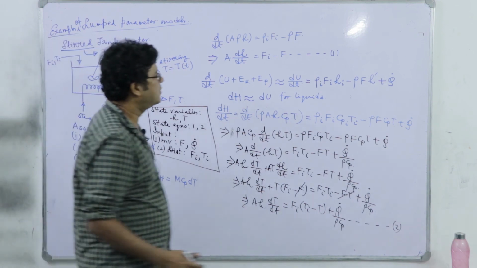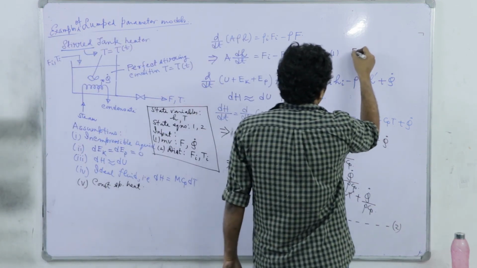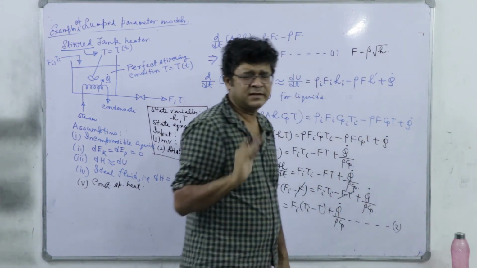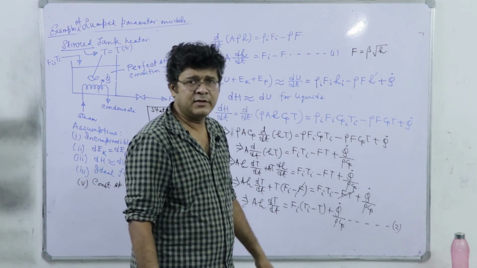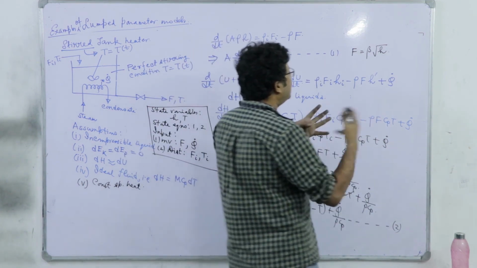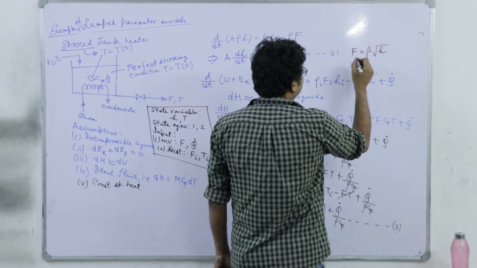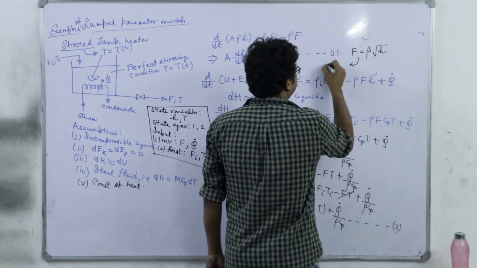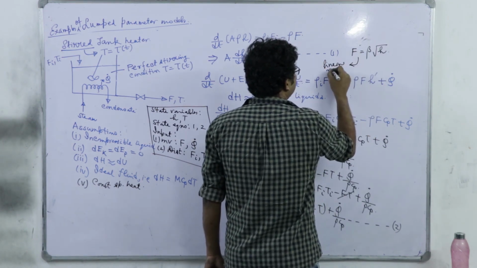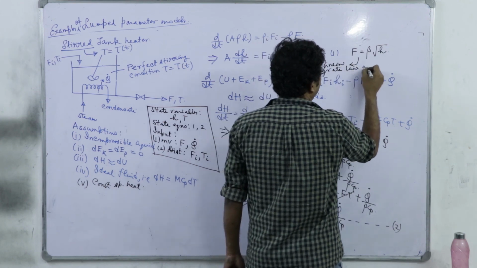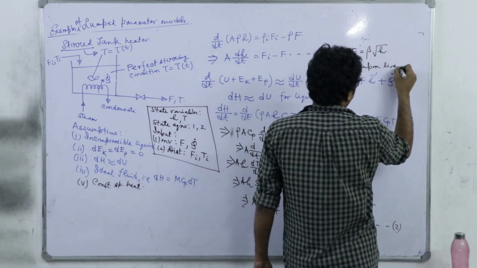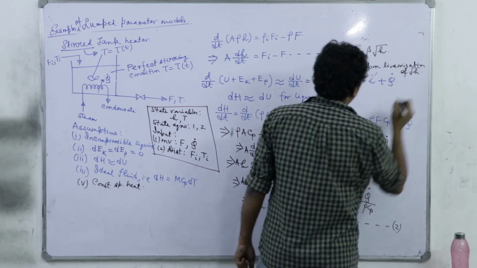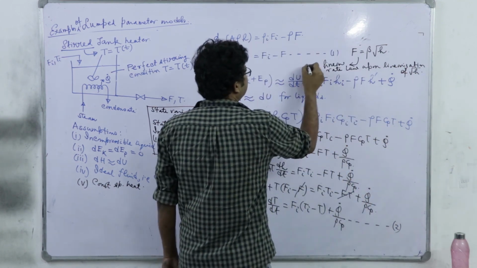Now we use rate laws. Truly it is beta into root h, but in many cases, as I have mentioned, this can be linearized, and by analogy with Ohm's law we can go for a linear rate law upon linearization of root h, which is a nonlinear term. What is that?